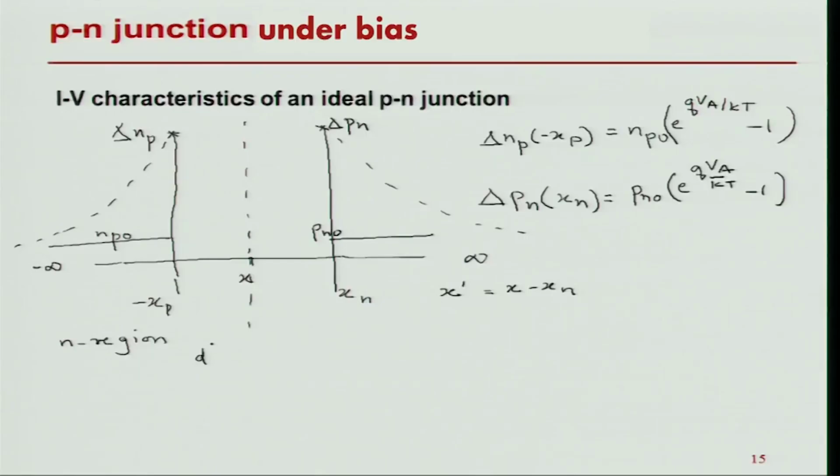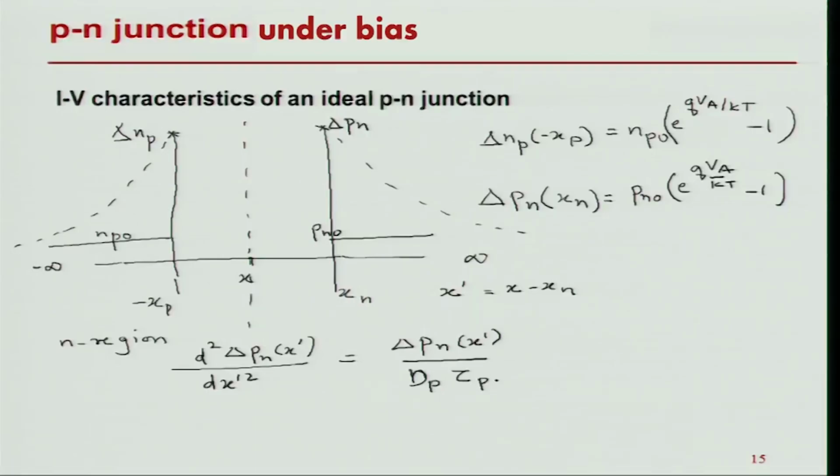If we do that, we can write my modified differential equation in terms of the excess hole concentration: the second derivative with respect to x prime of the hole concentration in the N region equals the excess hole concentration divided by the diffusion constant for the hole in the N type times its lifetime in the N type.